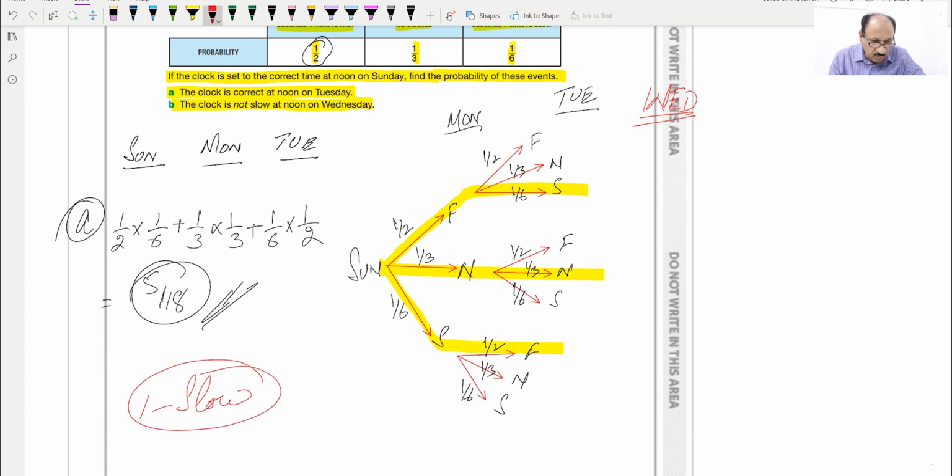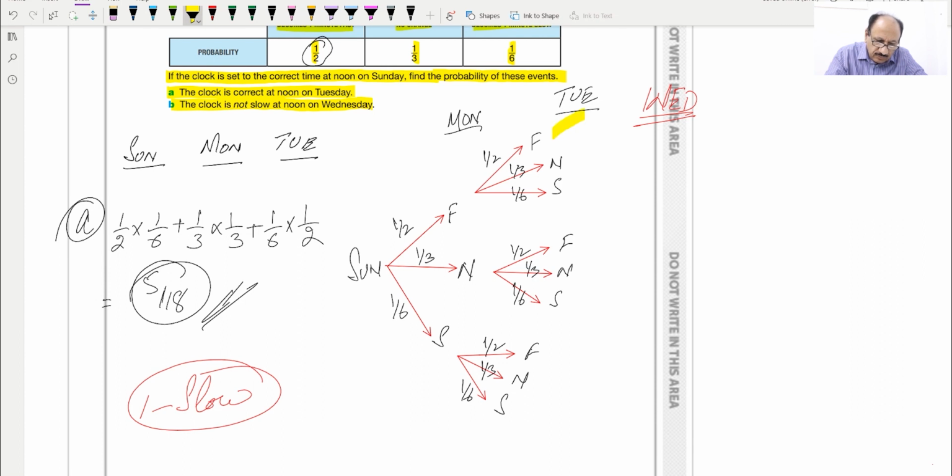So for slow, there are different options which we can take. So what I will do, I will remove these highlights so that we can understand properly. And for slow, we can take different options. First option we can take is fast, slow, slow, and we will be extending this for the Wednesday also. So each one will be having 3 options.